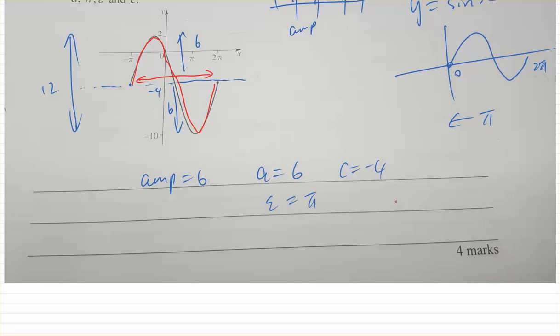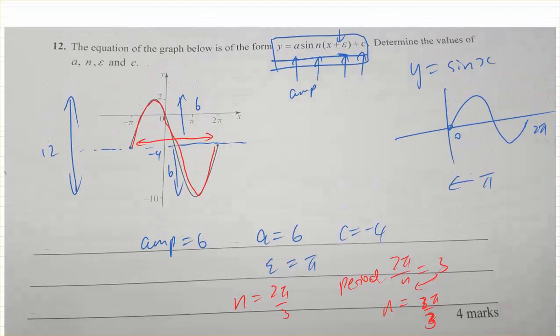The period is given by 2 pi on n, which equals 3 pi. If I solve for n, I just swap these two values, so n equals 2 pi on 3. So n equals 2 pi on 3.